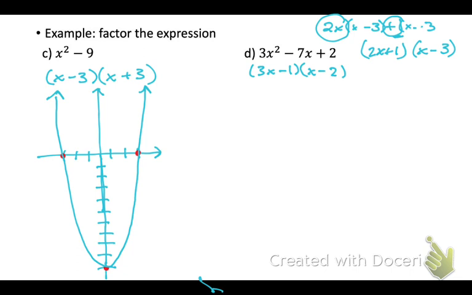Okay, so do you guys get 3x minus 1 and x minus 2? Did you do that in your head? I do 6, negative 7, and I know it's negative 6 and negative 1, but then remember how I said this is factors of A and this is factors of C? The only 2 factors of 3 I have are 3 and 1.